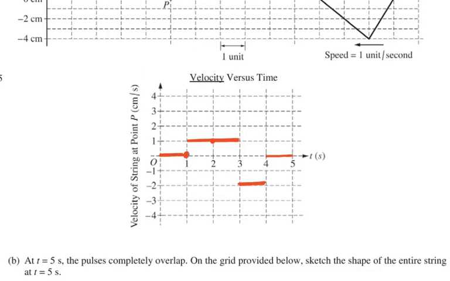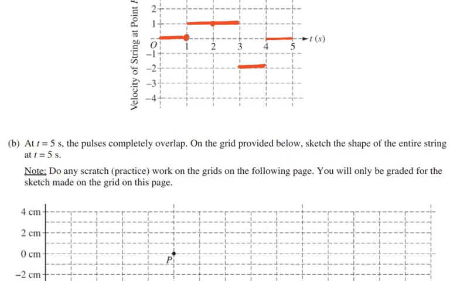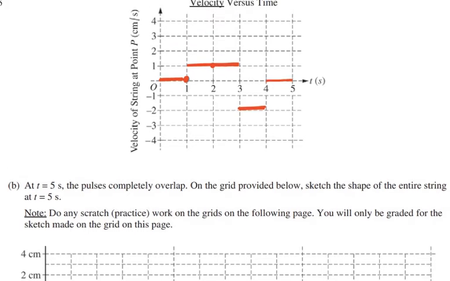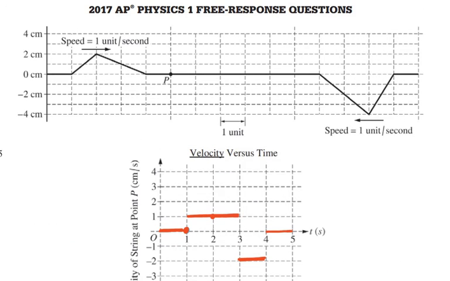For the next part of this question, they say that at t equals 5 seconds, the pulses completely overlap. On the grid provided below, sketch the shape of the entire string at t equals 5 seconds. Let's do it first right here on the problem, and then we will redraw it on the other one. At first I see this wave, and it moves 1 unit per second.